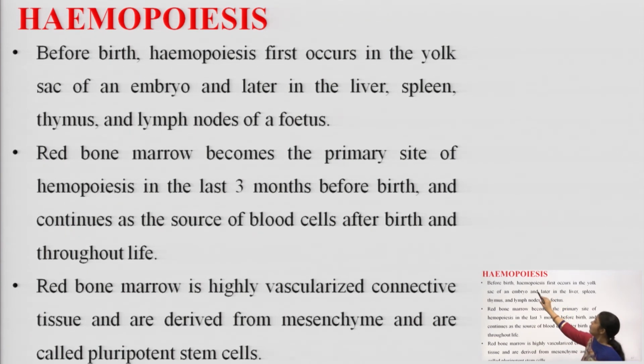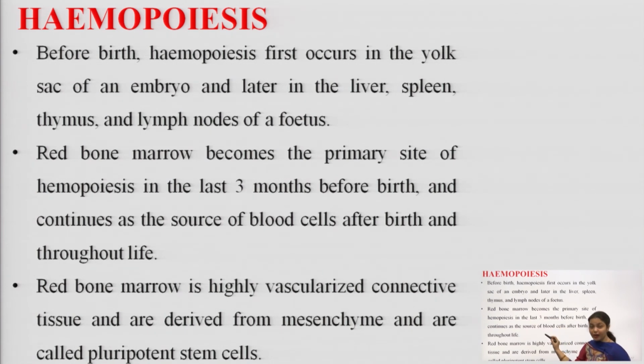Before birth, hemopoiesis first occurs in the yolk sac of an embryo and later in the liver, spleen, thymus and the lymph nodes of the fetus. Red bone marrow becomes the primary site of hemopoiesis in the last 3 months before birth, and it continues as the source of blood cells after birth and throughout life.